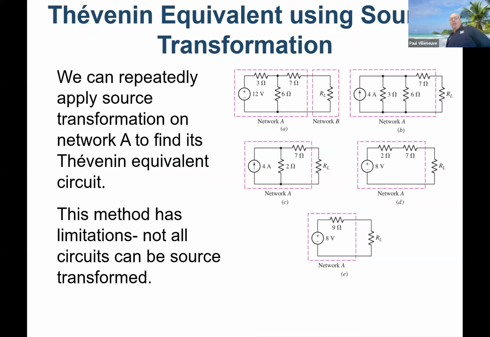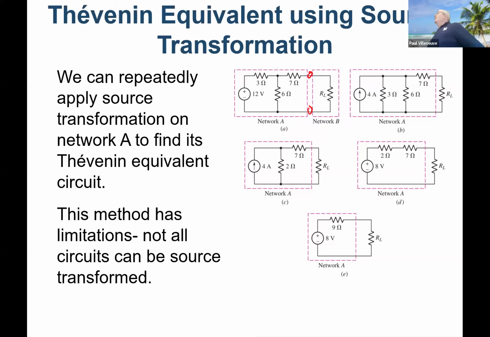All right, so you can do all kinds of source transformations. As you see in the first case, we have network A and network B. We really ignore network B. And how do you ignore something? You open circuit it, right? So when you open circuit it, you are essentially not including it in the circuit.